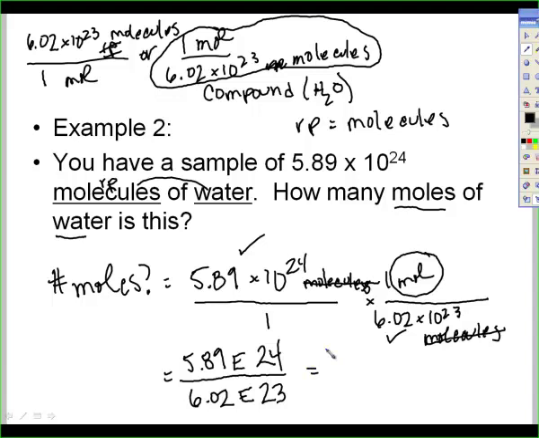So 5.89, second E, 24, divided by 6.02, E, 23. And that gives me 9 point, I'm going to have 3 sig figs, 9.784, so 9.78, and my unit is mole.